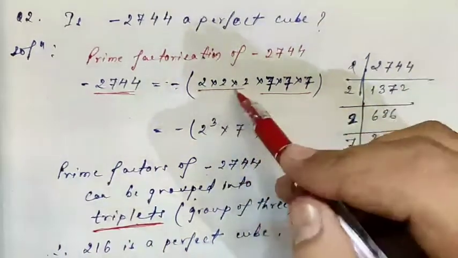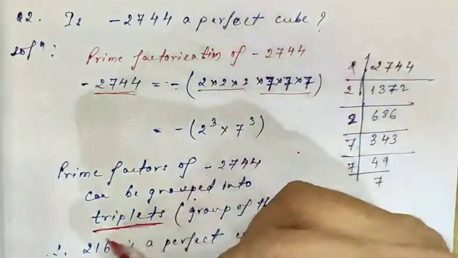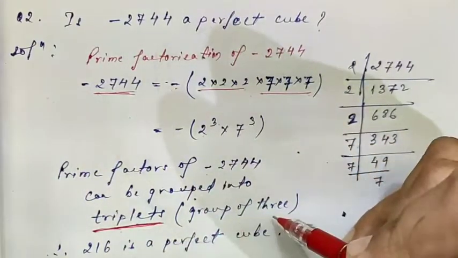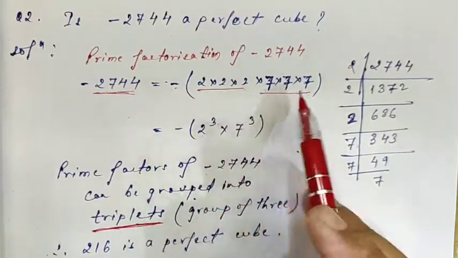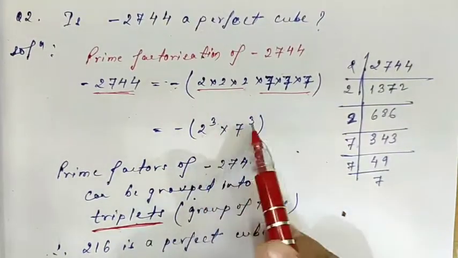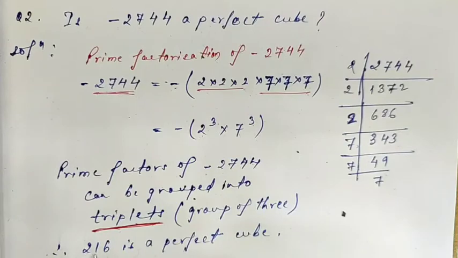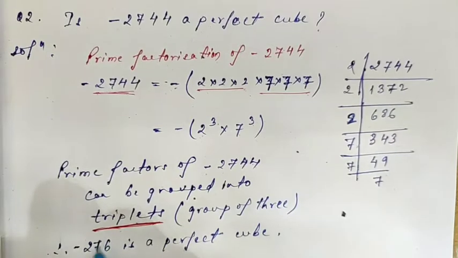When we make groups of 3, we get a triplet. As both the terms in its prime factorization can be grouped in the power of 3, minus 2744 is a perfect cube.